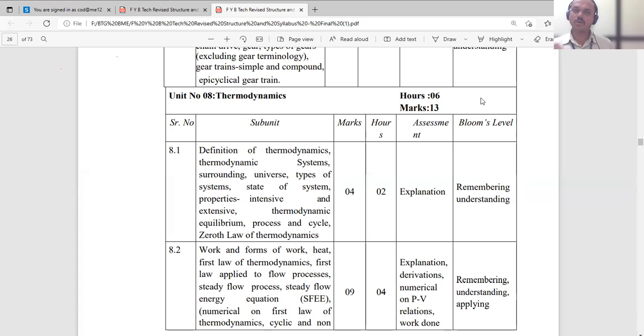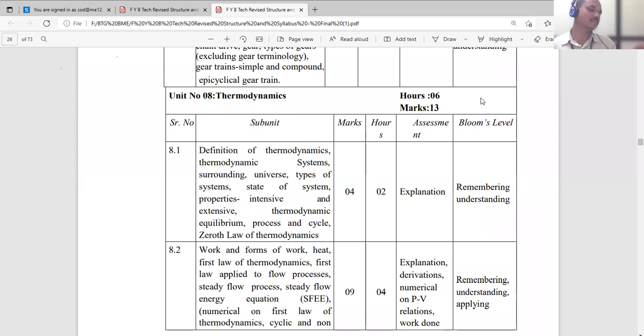Changes occur, energy transfer or mass transfer occurs because of those properties. If there is a change in the properties, then energy transfer takes place, or work can be done. So for that work and energy transfer, those properties are responsible. Okay, this is simple. Correct?